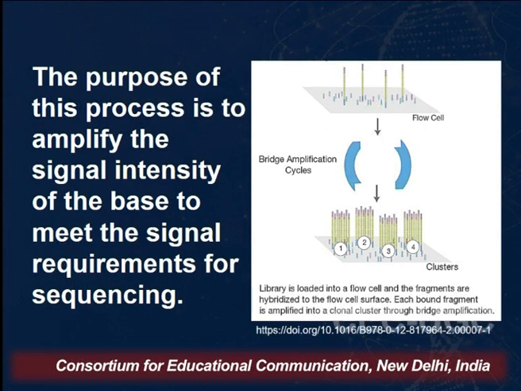So as shown in the figure, we start with one fragment at each spot, but by this bridge amplification we get a cluster of fragments at each spot which are identical to each other. Like 1, 2, 3, 4, these are the 4 spots that are there, and in each there are multiple copies of that one fragment that has been added there.